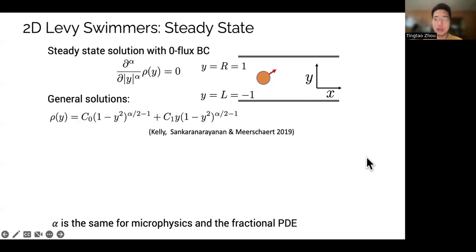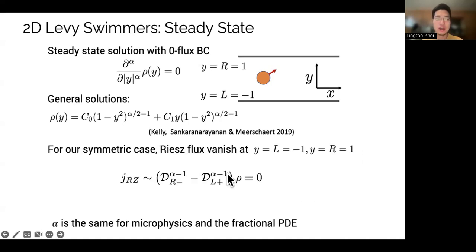People actually know the general solution to this equation, by Kelly and his coworkers. And in our case, again by symmetry, the Riesz flux should vanish at both boundaries. With that additional constraint, we can get rid of one of these terms, so we are left with only one of them. And this will be our steady state solution.